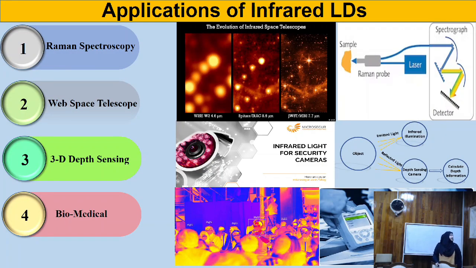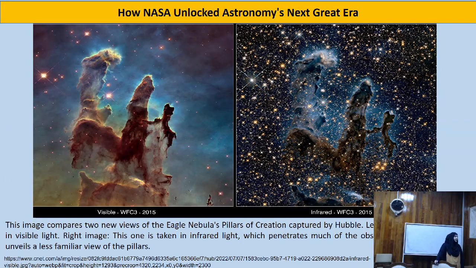Laser diodes are widely used in Raman spectroscopy, the James Webb space telescope, 3D depth sensing, for biomedical purposes and for security purposes and many more. Here is an interesting figure that I want to share with you guys, showing how NASA unlocked the astronomers' next great era. You can see on the screen the picture of the Eagle Nebula's Pillars of Creation.